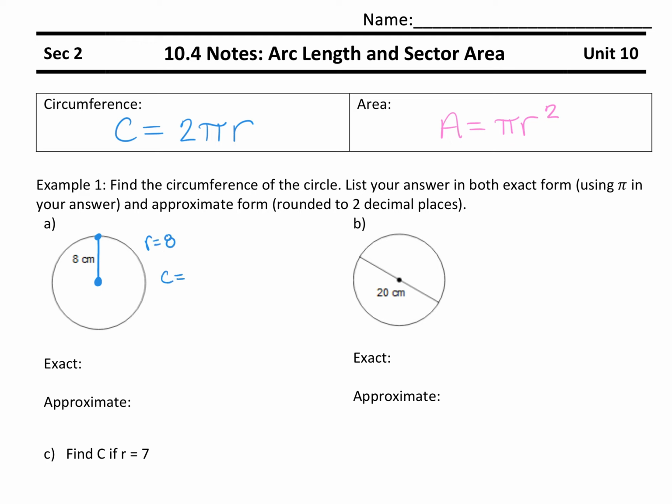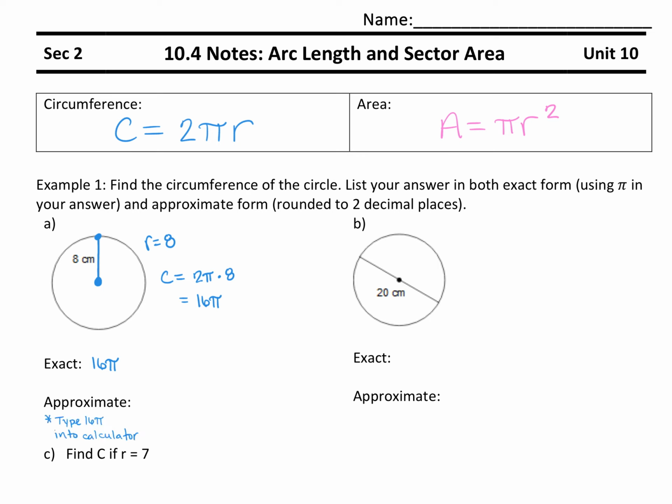And so to find the circumference, we have 2 pi times the radius, which is 8, and 2 times 8 is 16, and then the pi. When it asks for exact, we get 16 pi. That's what exact means: don't give us a decimal, just give us the answer with pi in it. And then approximate is when you type it into the calculator.